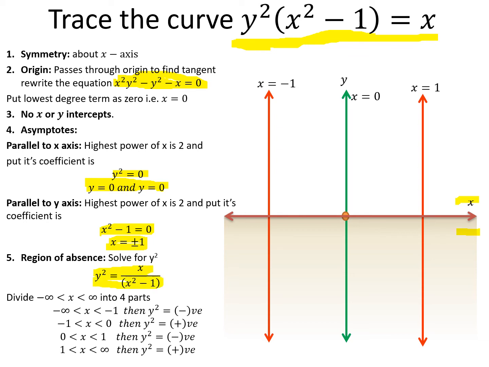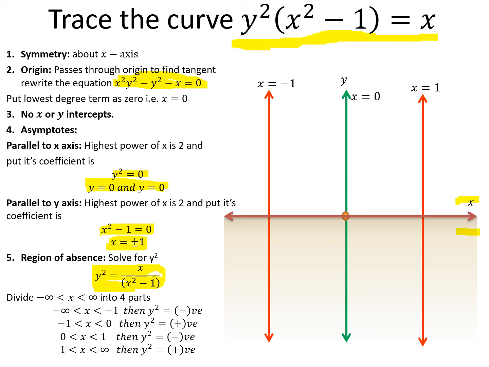Okay, so to break the x-axis, that is minus infinity to plus infinity, into parts, we have to put the numerator of this expression equal to 0 and the denominator also 0. So we will get 3 points, that is x equal to 0, x equal to minus 1, x equal to plus 1.